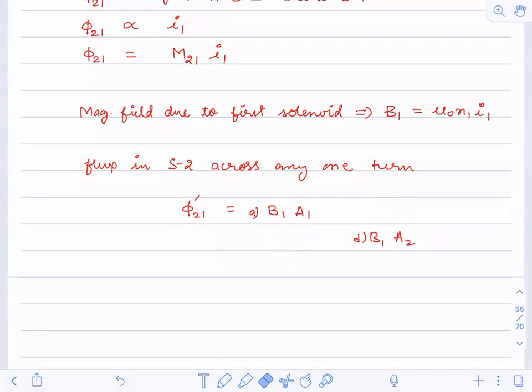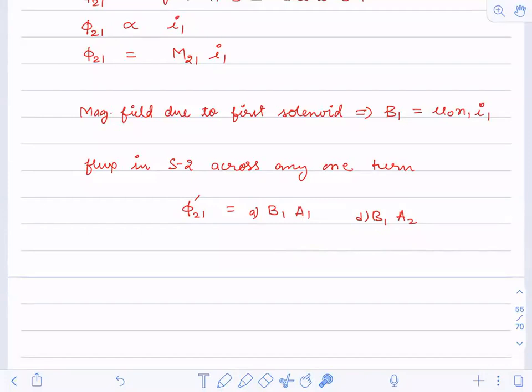Okay. Now you would be having a doubt between these two: B1 A1 and B1 A2. How many of you are going with option A now? Option A, option D. So many people have written option D, so I have to take it.